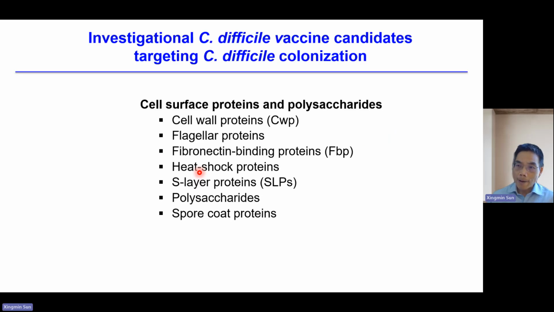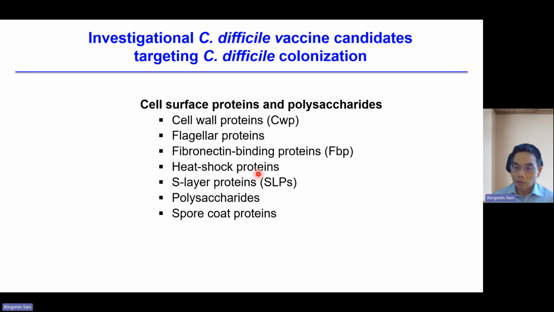Over the years, many surface-exposed proteins and molecules have been explored as potential vaccine candidates or vaccine components, which can induce protective immune responses against C. difficile colonization and adhesion.